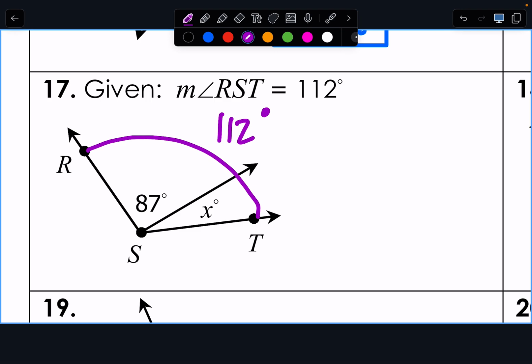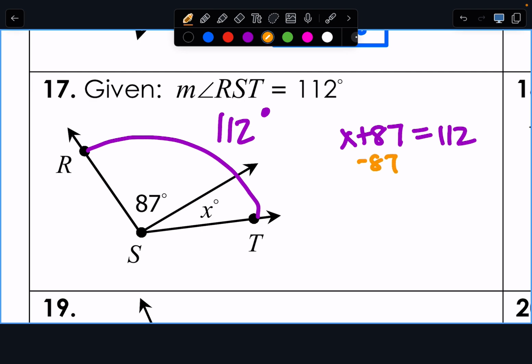How do we figure out what X is? What do we do, Ellie? Okay, we know that when we add X and 87, they should add up to be 112.